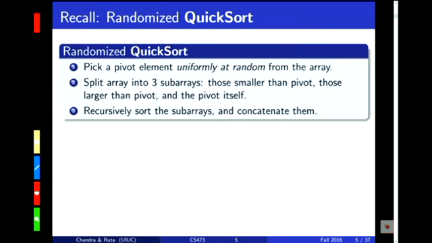Then we compare this element with every other element in the array and find out which elements are smaller and which are bigger. If this element has ith rank in the sorted order, then there are i minus 1 smaller and n minus i bigger elements. Then we recursively sort these smaller and bigger elements.